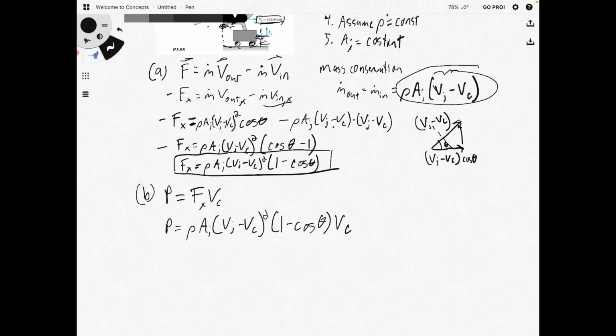And so we can look at that, part C. So now if we look at our expression up here, we want to know what is the cart velocity at which this force is going to be the maximum. We could take the derivative of this entire term and try to find the cart velocity for which it is equal to 0. Or in this case, we could just look at it and say, what would I have to do to this Vc in order to make the force applied maximum?